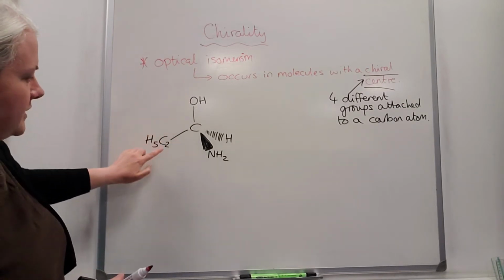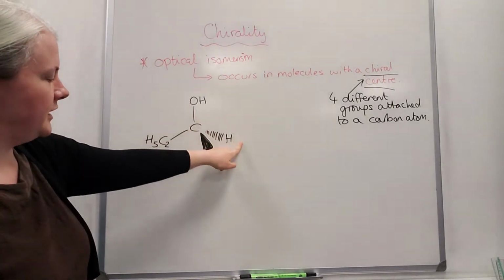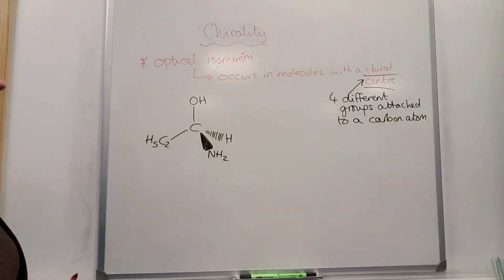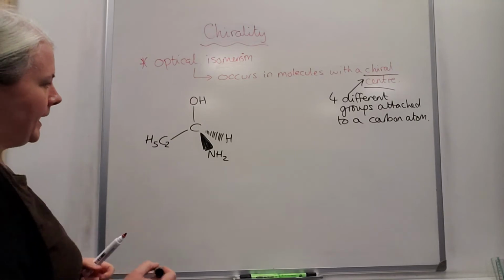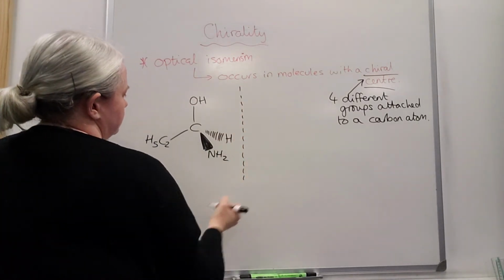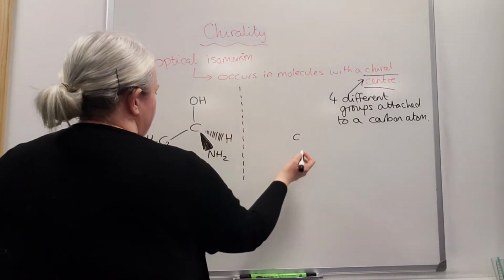So each of these are a different group. Here we've got an ethyl group, here we've got an OH, here we've got a hydrogen, and here we've got an NH2. So we've got our 4 different groups around it. Imagine if I now had a mirror plane. So I'm going to draw the mirror image of this one.